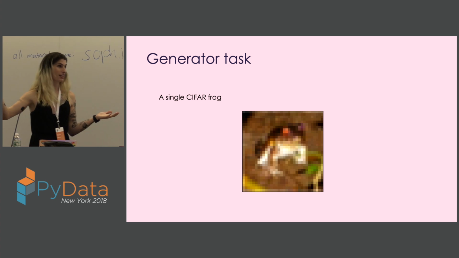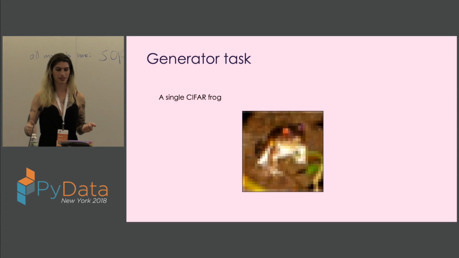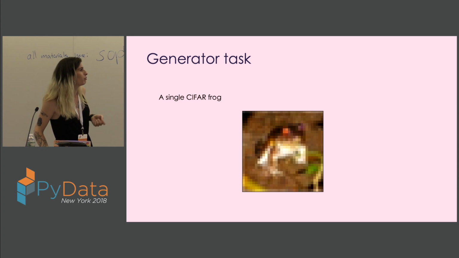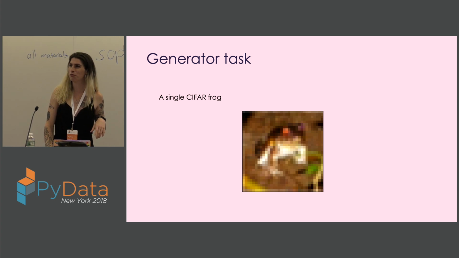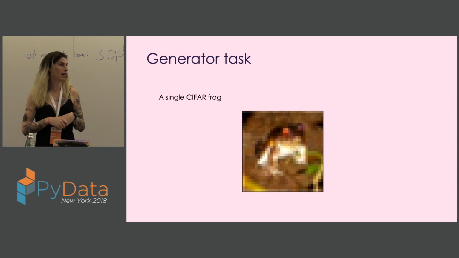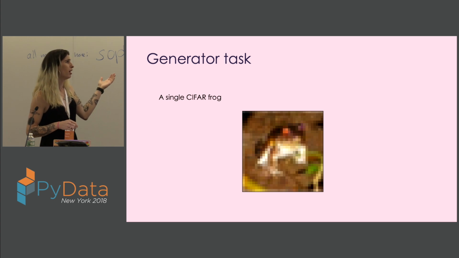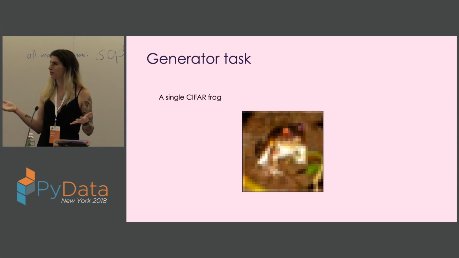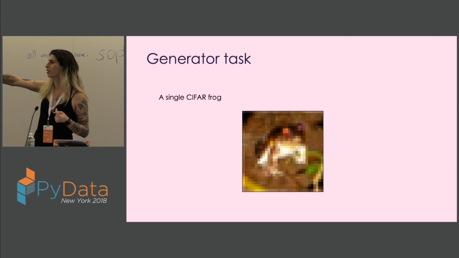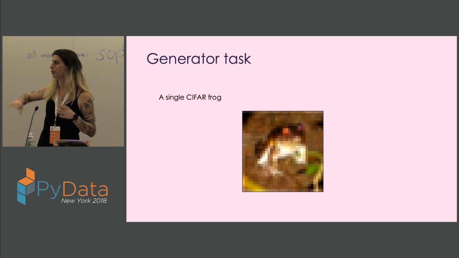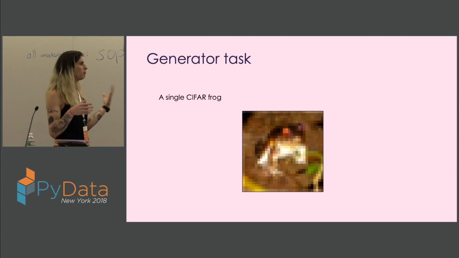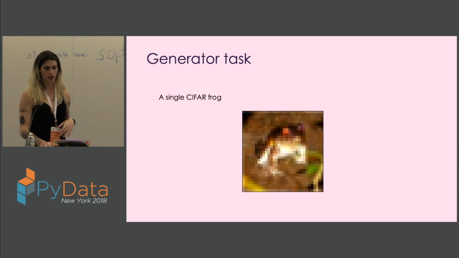Green. Green would be a good guess. This one's a little bit brown, I think. So maybe greenish brown. I think most frogs are probably going to be on the ground, so we might do a mostly brown background with some green specks in it. That might be our frog drawing process.